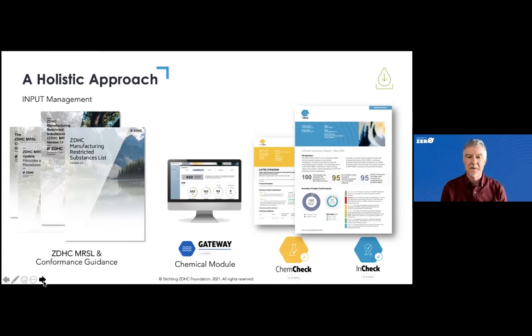What we've tried to do is align under a common framework that certain certifications are more or less equivalent. They may not be exactly the same, but they would provide the same degree of assurance. So you might have a Bluesign certificate for one chemical, you might have an Oeko-Tex certificate for another chemical.